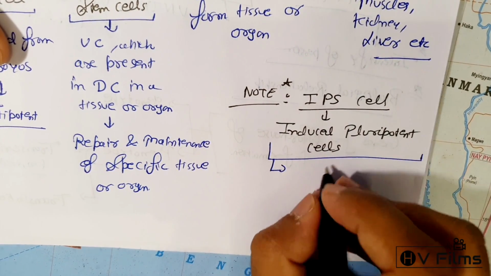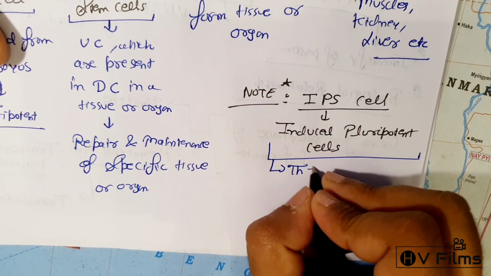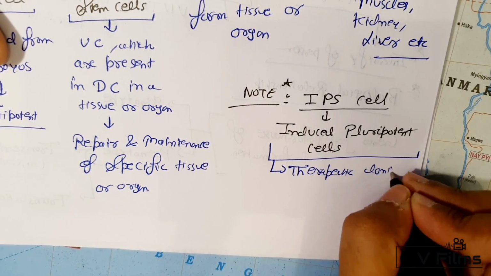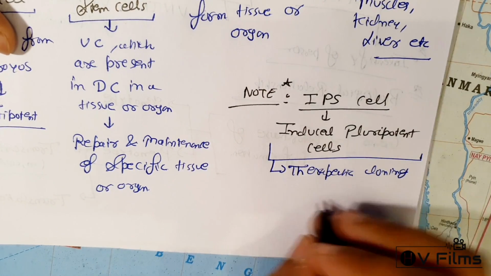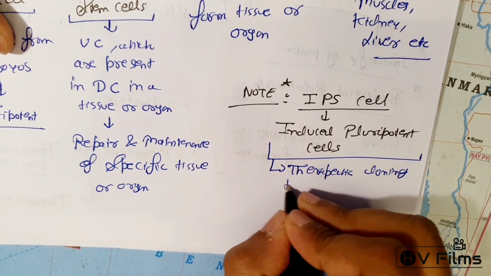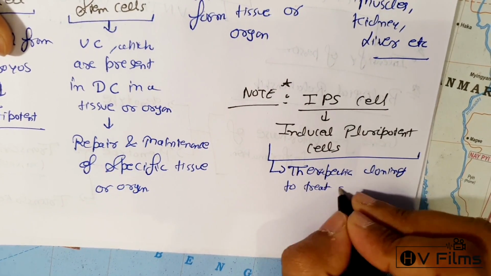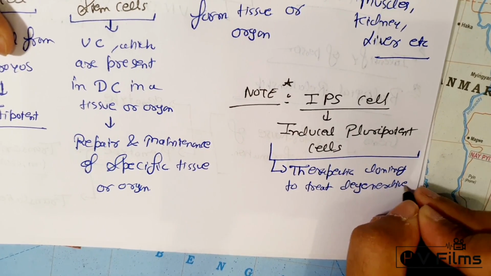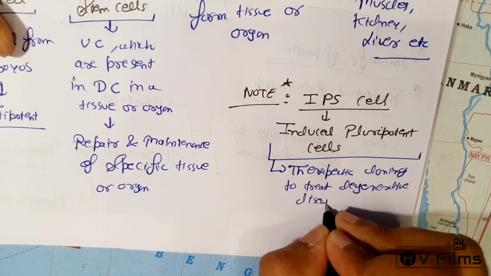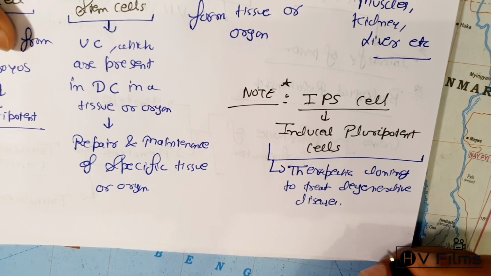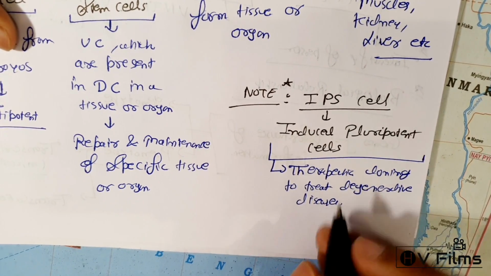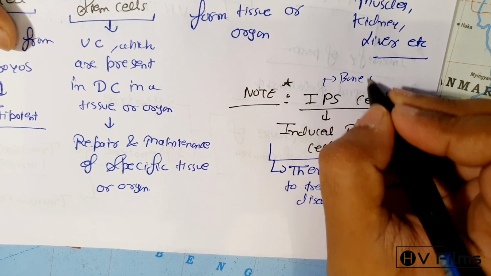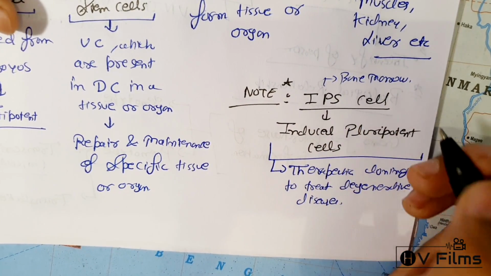They are generally used in therapeutic cloning to treat degenerative diseases, like diabetes, Parkinson's, Alzheimer's, etc. And these are actually found in the bone marrow itself.